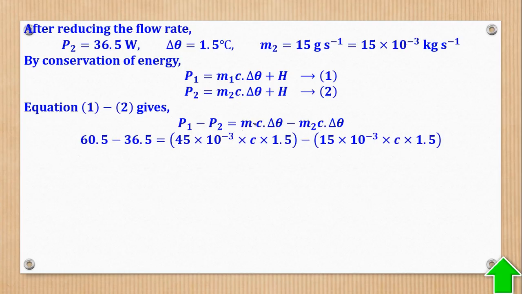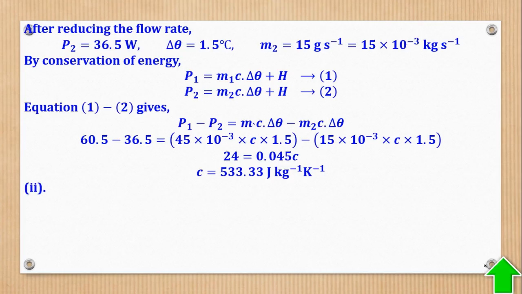So this is supposed to be M1. So P1 is that, P2 is that, M1 is that, C is that, change in temperature is that, M2 is that, C is that, change in temperature is that. Then simplify, this side gives that, and this side gives you that. Then make C the subject, and that's what they wanted.